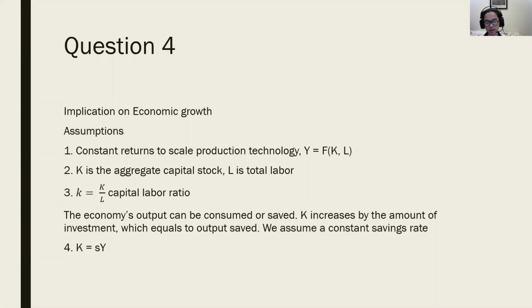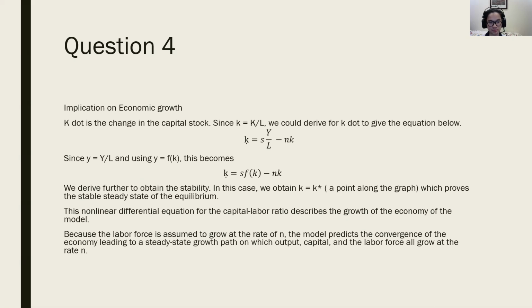Then we also assume that we have a constant savings rate. So this leaves us with s, the savings rate, and K dot is equal to s times Y. Now, K dot is basically the change in capital stock. Heads up that this equation has been thoroughly explained.